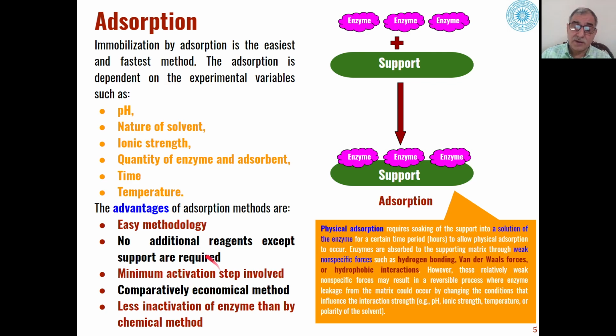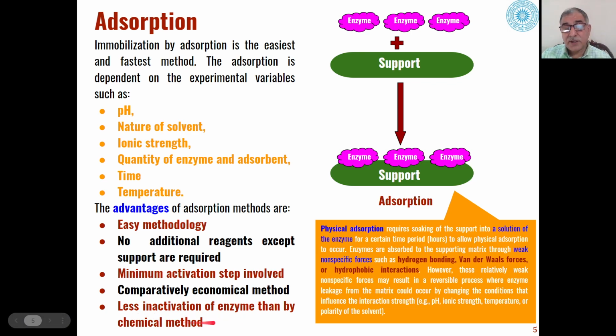Then almost no activation of the support or the adsorbent is required for these types of adsorption methodologies, and this is a comparatively economical method in comparison to other irreversible immobilization techniques.